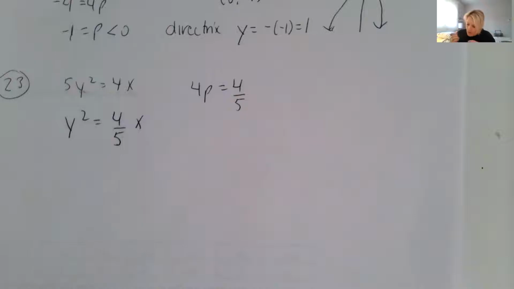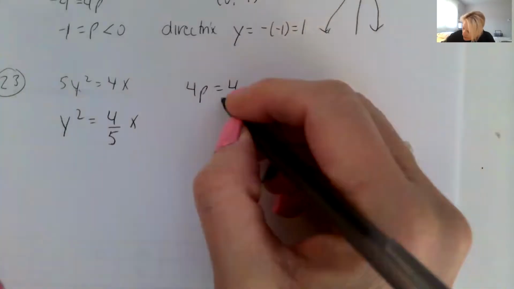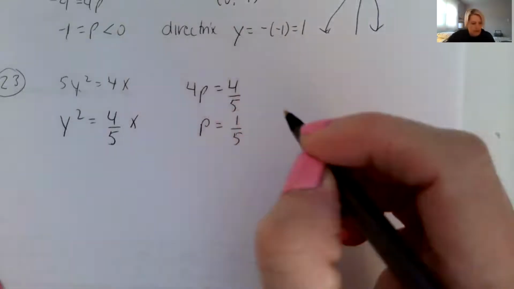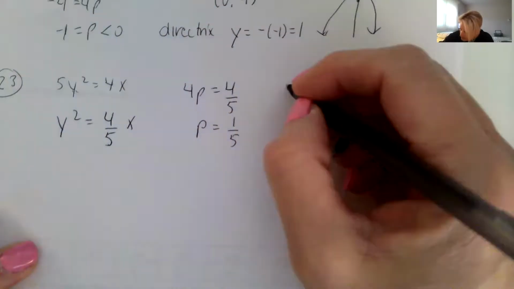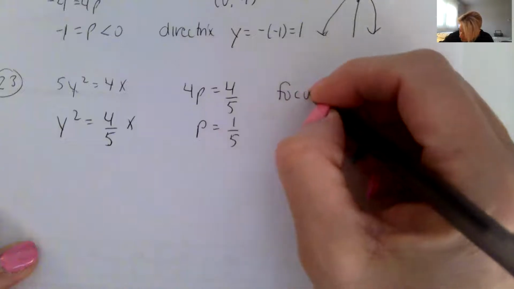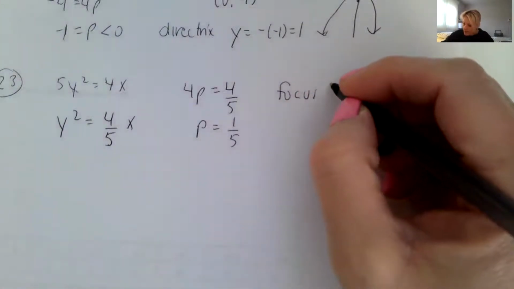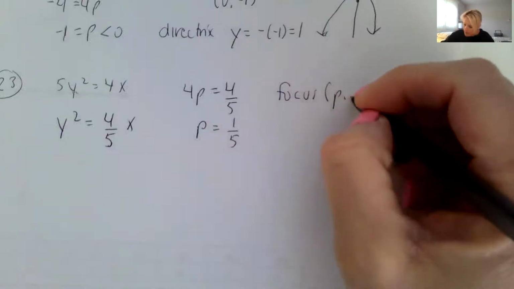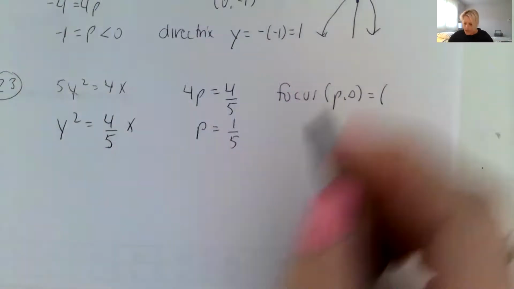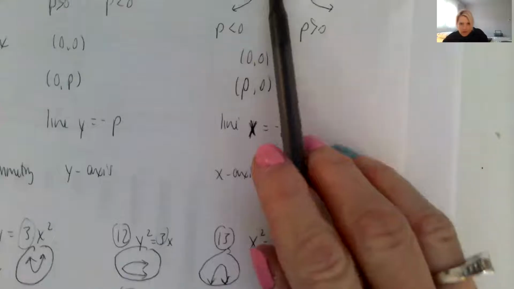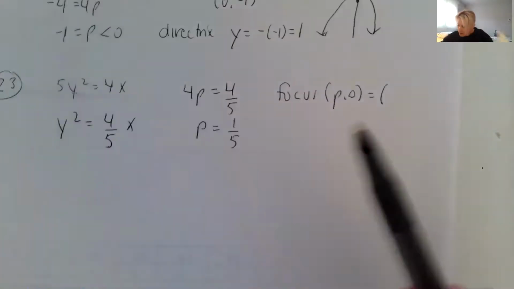And so if we divide by 4, we get 1/5 is P. So our focus is at P, 0, because it's a y squared, it's going to be P, 0 is our focus.